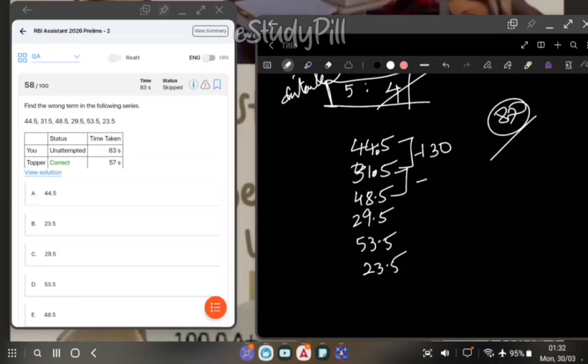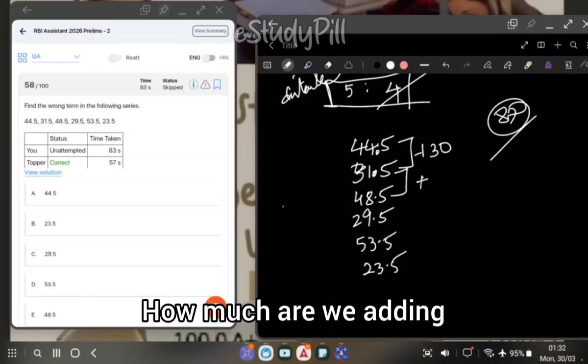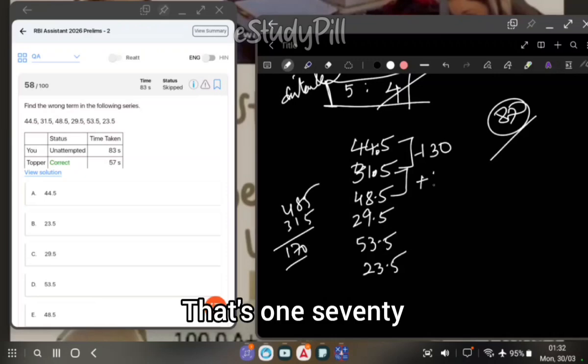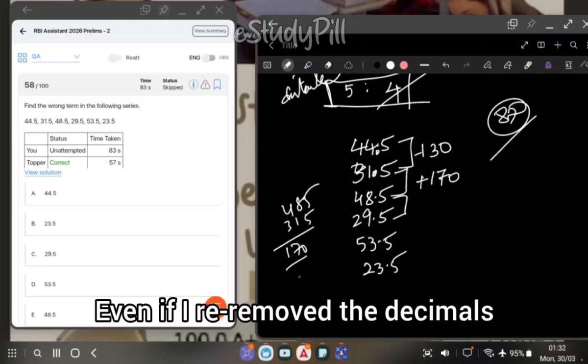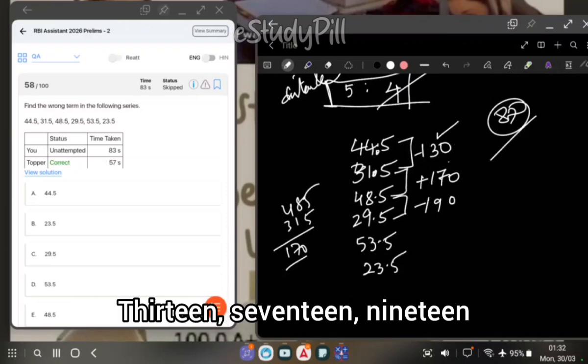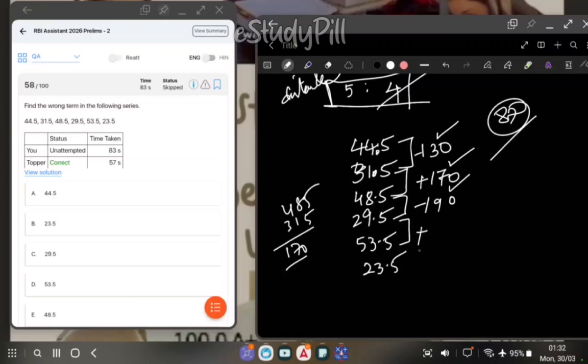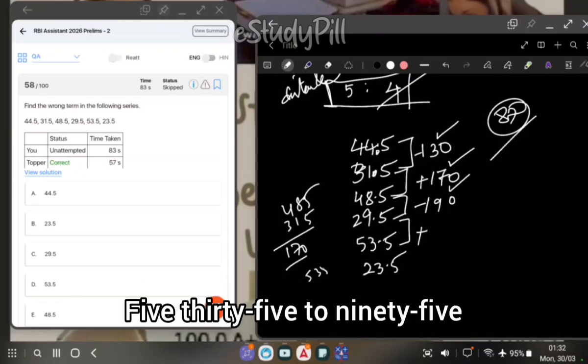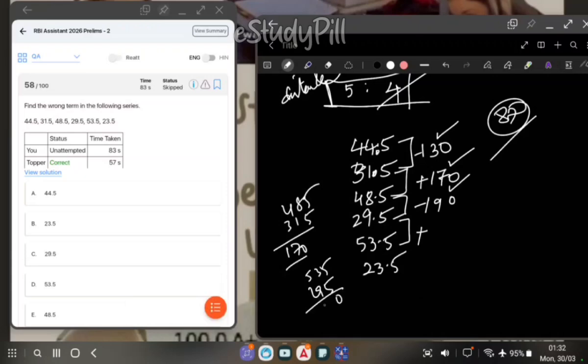Now see, it's minus 30. How much are we adding? 485 and 315. That's 170. Even if I removed the decimals, I think it would still have been fine. Because see, it's 13, 17, 19. Actually, removing decimals does make things easy. 535, 295, 240.